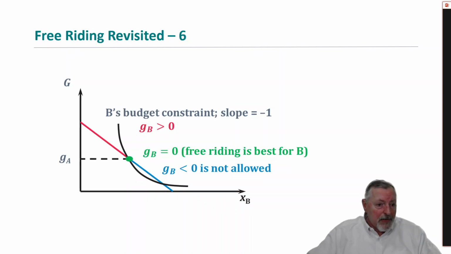So they end up here, spending nothing on the public good. They're free riding. This is what's called a corner solution, because the optimal choice is not where the budget constraint is tangent to the indifference curve, because essentially they've run into the corner. They can't go further.